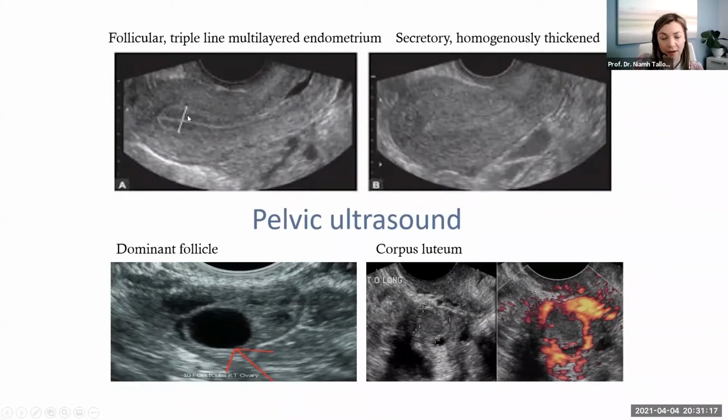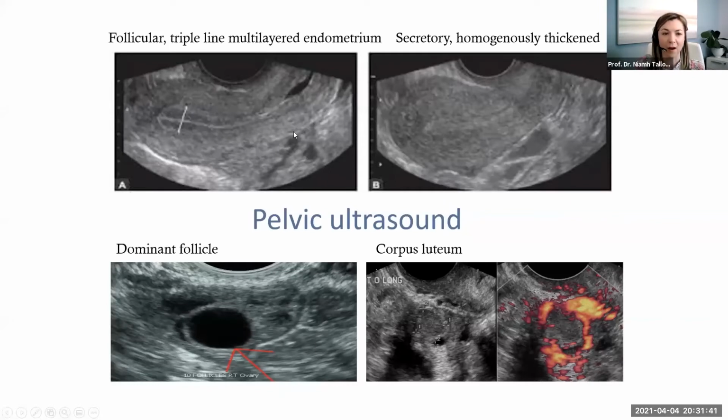What you can see here is a thick triple line pattern of the endometrium. That says there's certainly activity from estrogen, and makes you think that has to be coming from somewhere, and likely a dominant follicle or follicles. And when you look at the ovaries below, you see a large dominant follicle. It's nice to see alignment of what's happening between the ovary and the uterus.